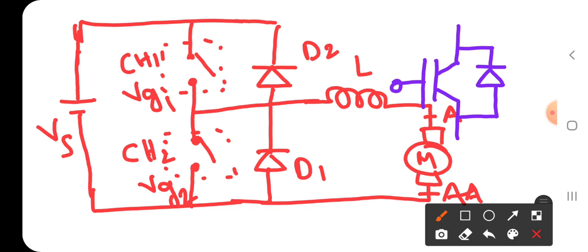This is the switch I want to take because we solved one problem in the previous class, in which they gave only the switches, that is MOSFET and IGBT.